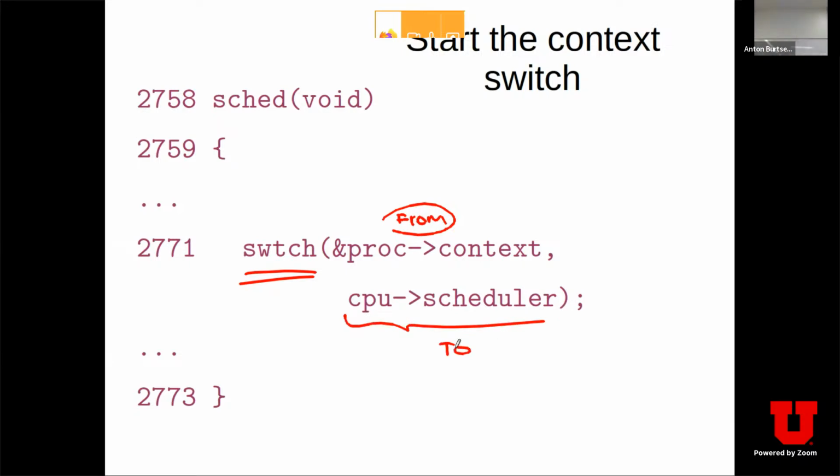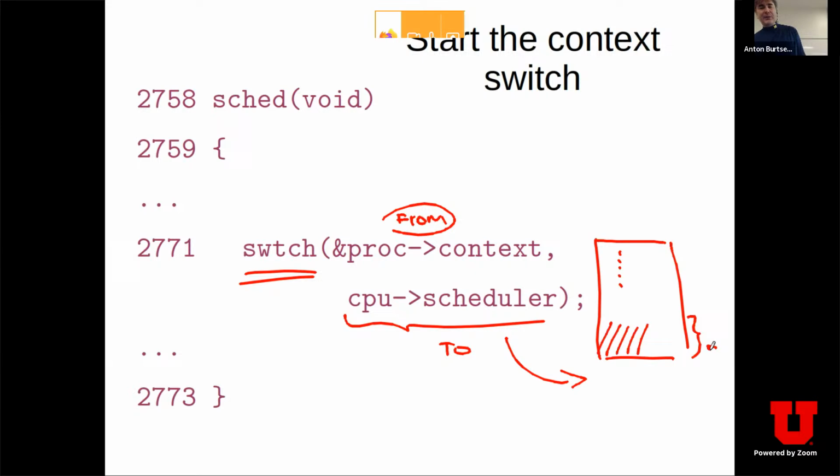I was pushing this analogy of two boxes. Conceptually, this is a pointer to some kind of a stack, the pointer to the top of this stack. And on the top of this stack, we form a data structure which is called a context. The switch knows how to restore the state of this process from this context. So this is our box, right?